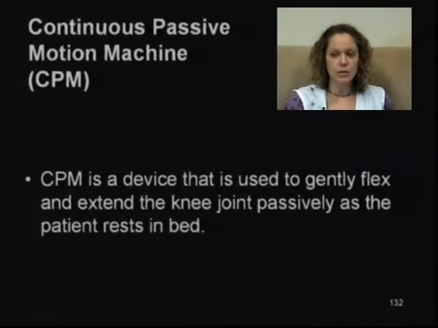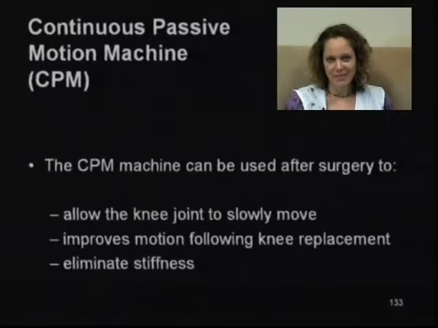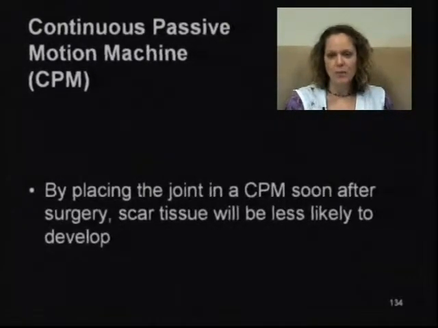It's a device that's used to gently flex and extend the knee joint passively as the patient rests in bed. So it can be used after surgery to allow the knee joint to slowly move. It improves the motion following a knee replacement, and it can help eliminate stiffness. By placing the joint in a CPM soon after surgery, it has been shown that scar tissue will be less likely to develop.